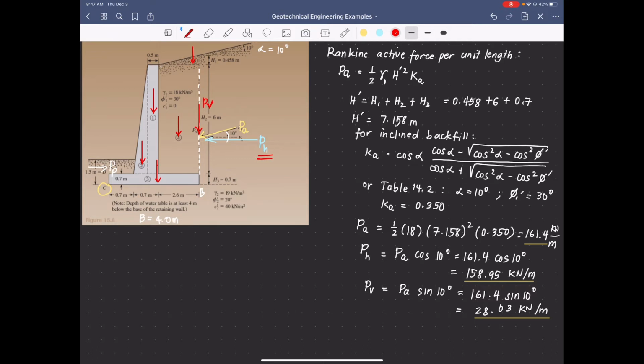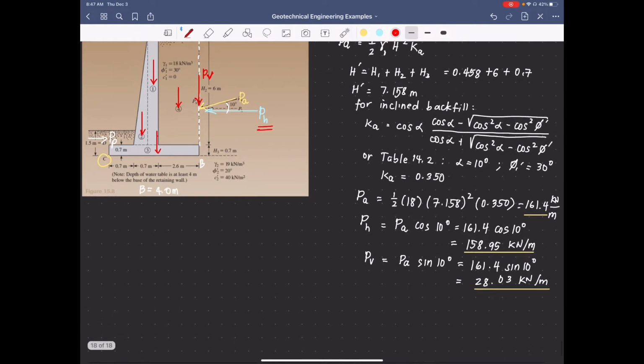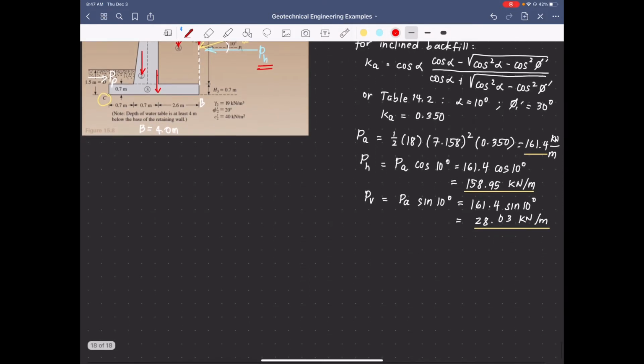If we are going to have a table to show our solution, I'll need to move this downward.